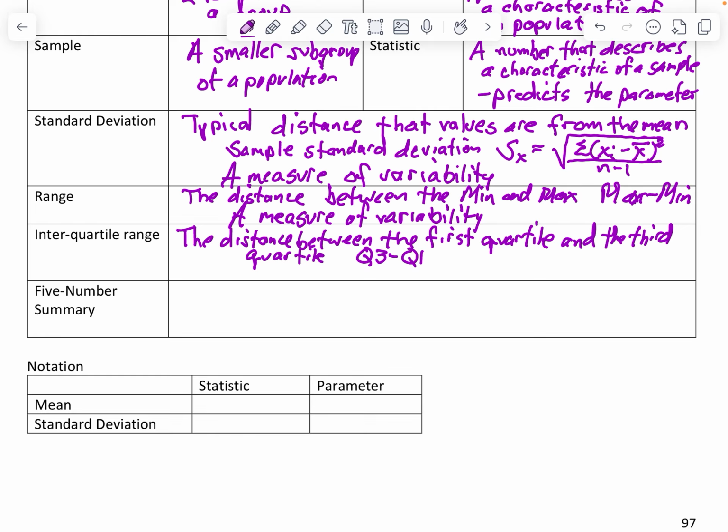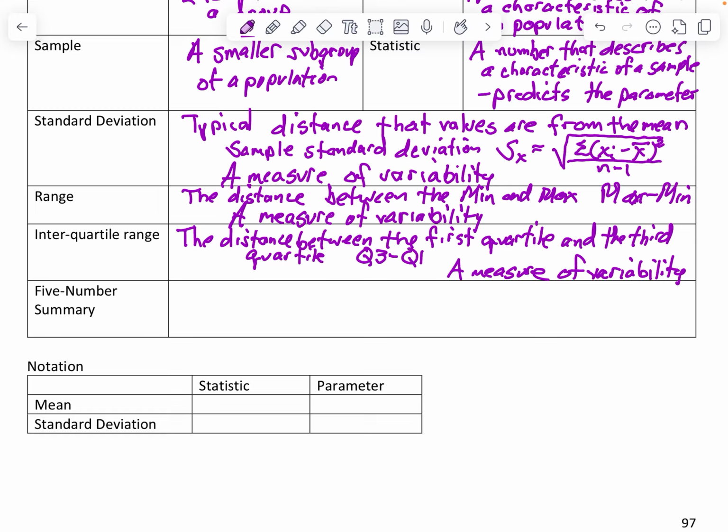This is also a measure of variability. It shows how much variability there is in the data set. So we locate the data set with the measure of center, and we show how much it varies by using a measure of variability.